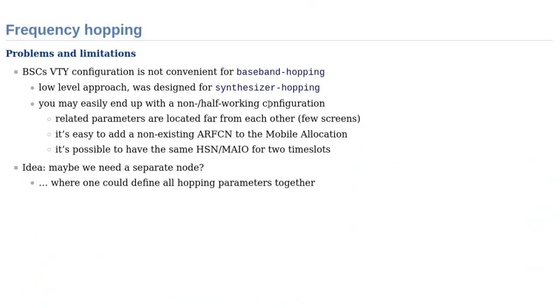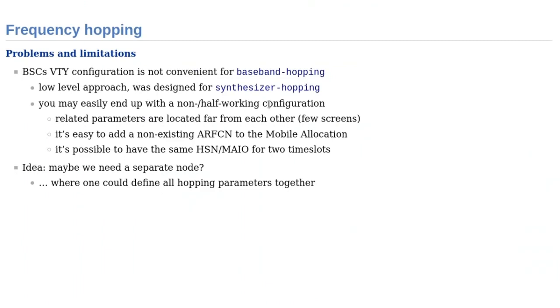And with baseband hopping, you may easily end up in a situation where your configuration is either completely wrong, or at least it starts, but some bursts are getting lost, and it takes some time to investigate what's the problem.